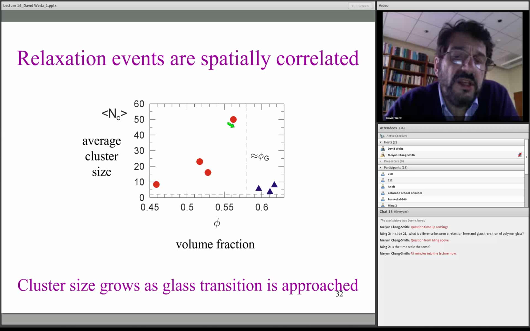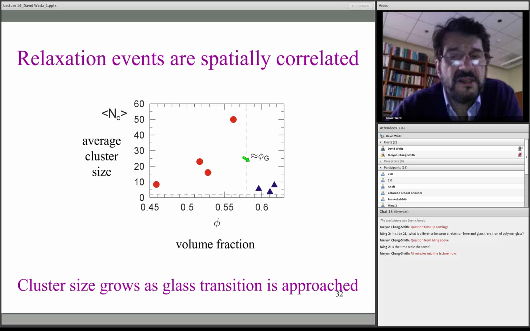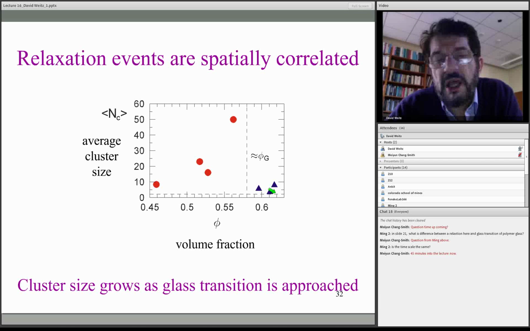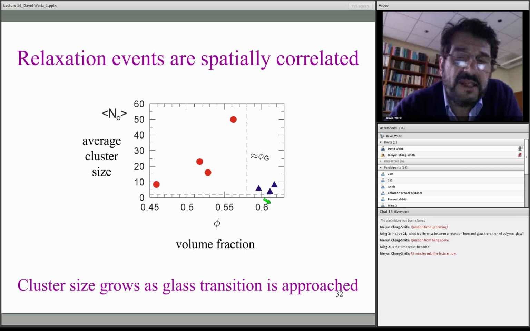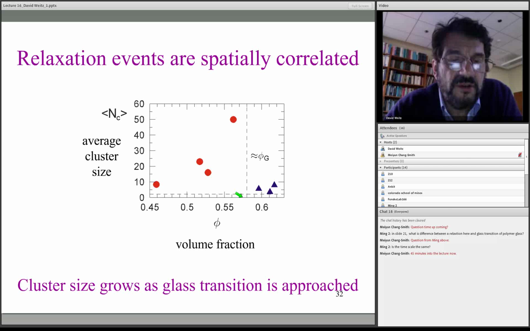It increases up to some point, and then boom, it stops increasing and in fact decreases. And so here you get this large correlated region, and now you get no relaxation at all, or just individual particle relaxation. And this boundary is essentially the glass transition. You're driving the system, making it so crowded that it's becoming a colloidal glass. And that's exactly the nature of a colloidal glass.